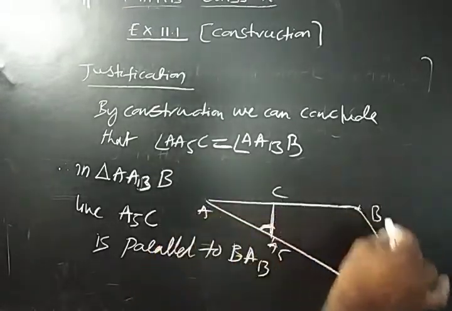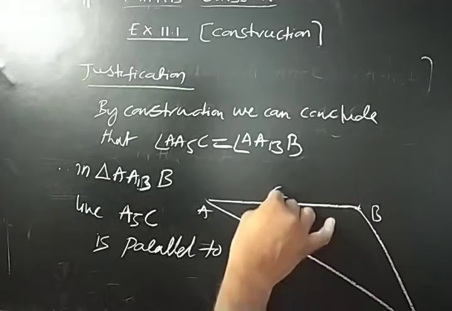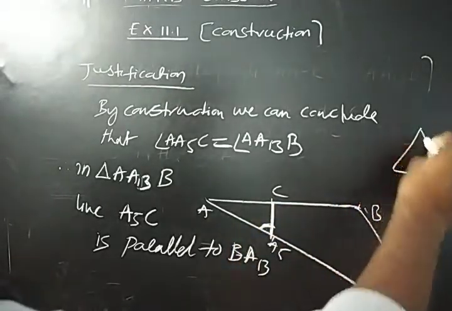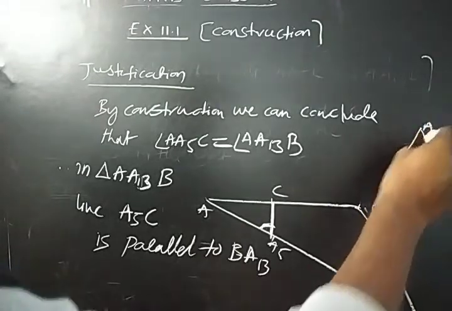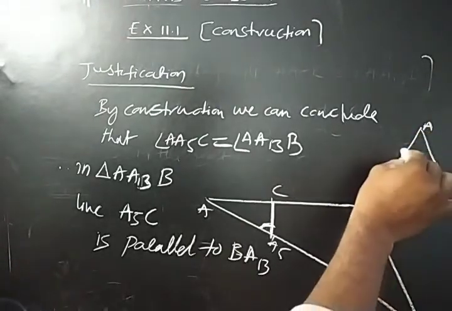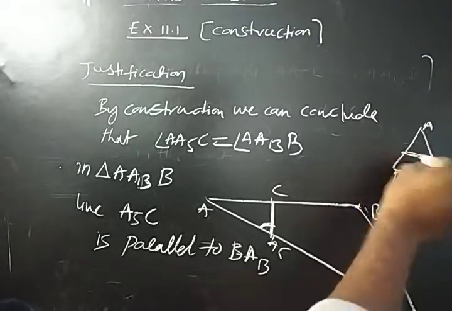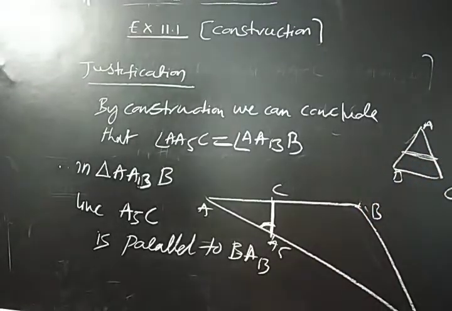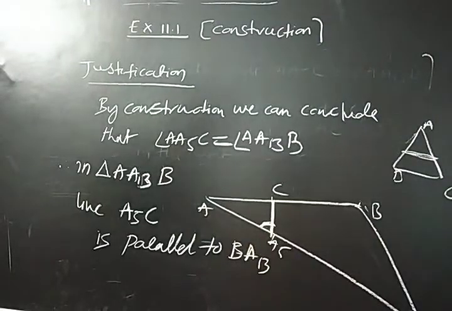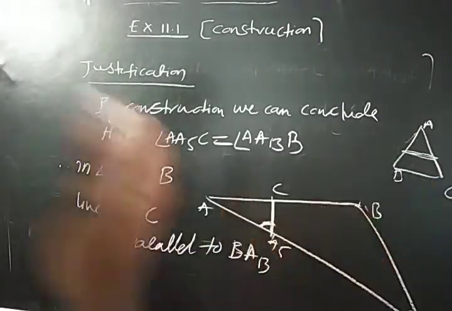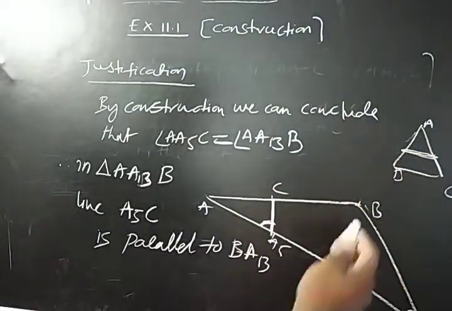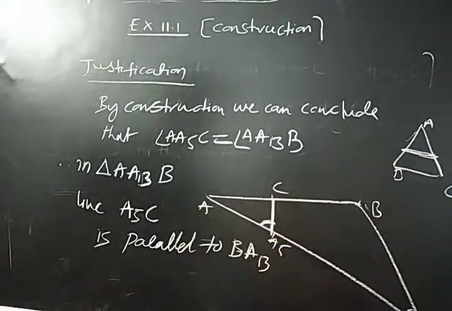So in this triangle AB A13, CA5 is parallel to the side. In a triangle, if you draw any line parallel to one side of the triangle, it will divide the remaining two sides in the same ratio, which is known as basic proportionality theorem. So I am using the basic proportionality theorem in this triangle.